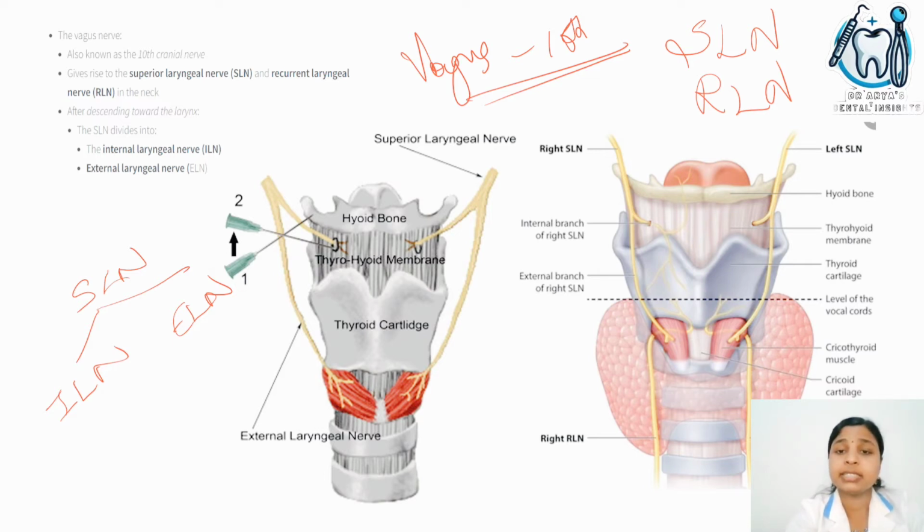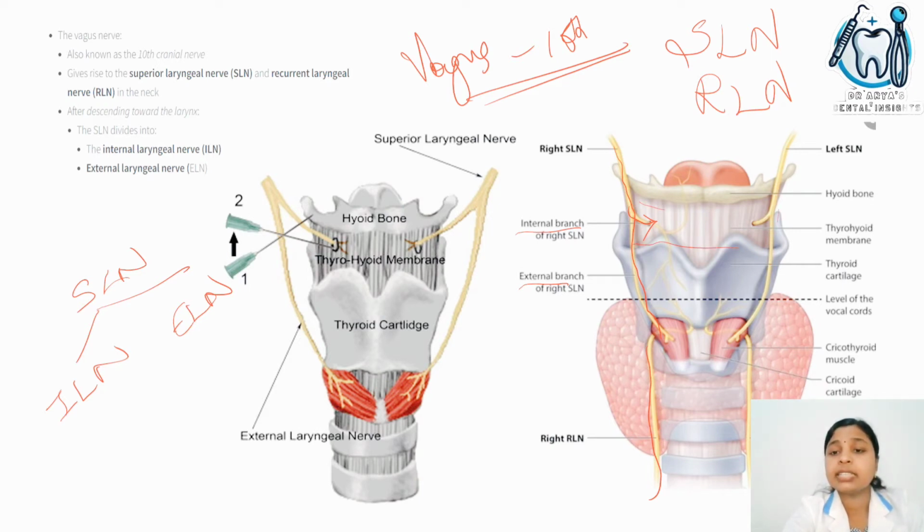This is the superior laryngeal nerve, which gives rise to two branches. This is the internal branch of the right superior laryngeal nerve, and this is the external laryngeal nerve. And this one is the recurrent laryngeal nerve. So what is this structure?